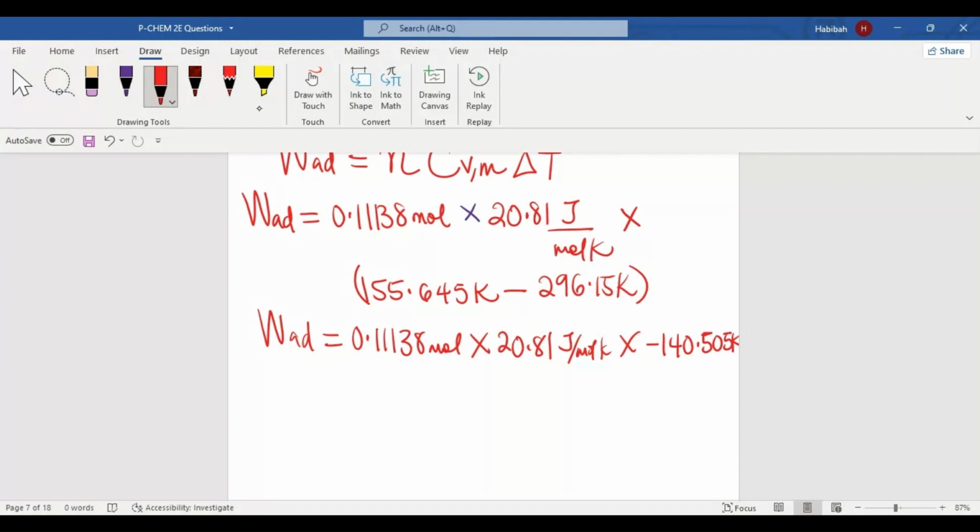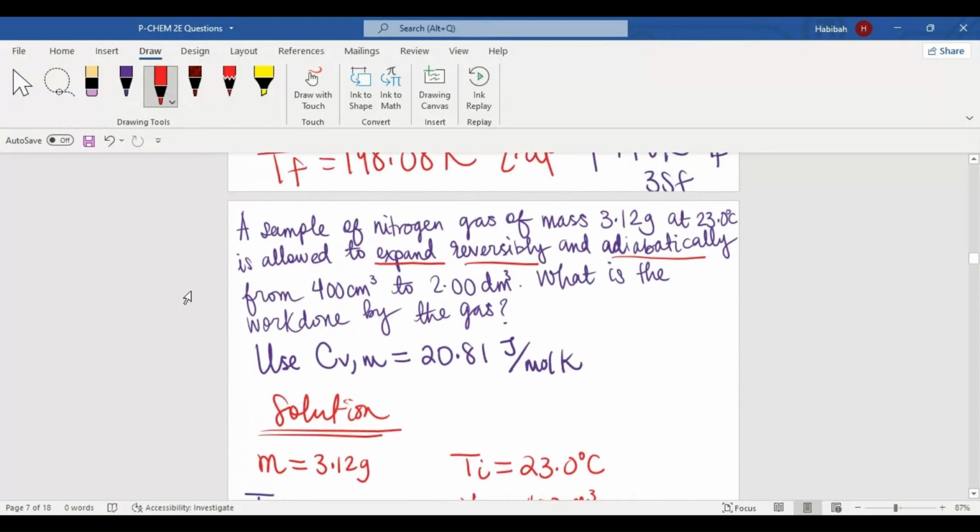Of course, you cancel out the mole and the Kelvin. You can input all of this information in your calculator, 0.11138 times 20.81 joules times negative 140.505, and it would give you negative 325.665 joules.